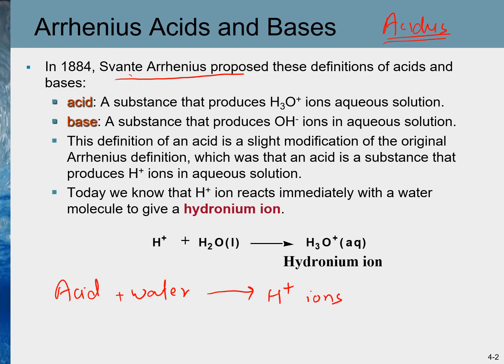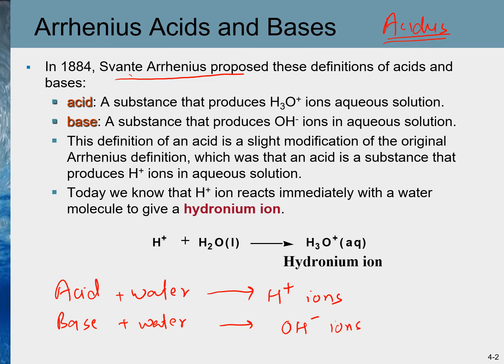So this was the original definition of acid put forth by Arrhenius. And according to the same definition, a base is a substance which, when dissolved in water, will produce hydroxide ions.